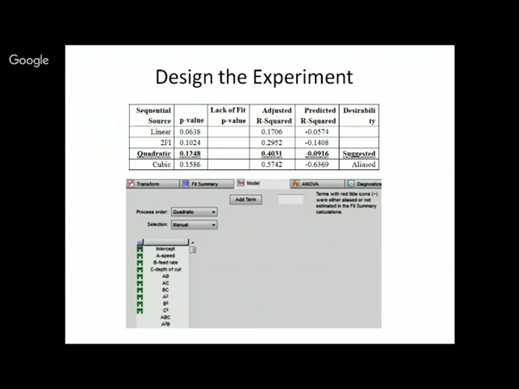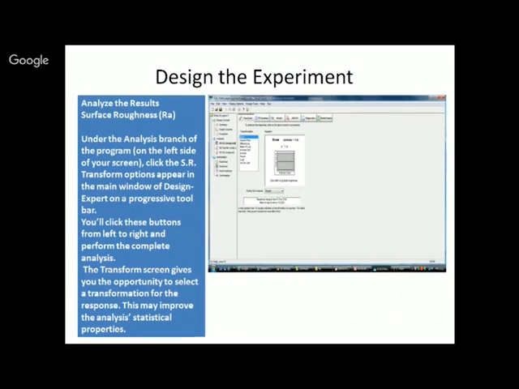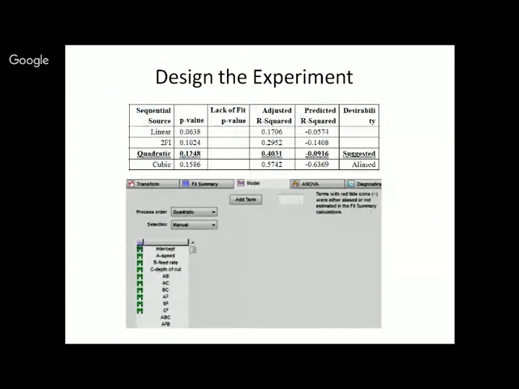Then the next step is the fit summary. Fit summary will give you the option of which type of equation is best suited for your data. For example, in my case, I first go for surface roughness only. For surface roughness, it suggests the quadratic terms.